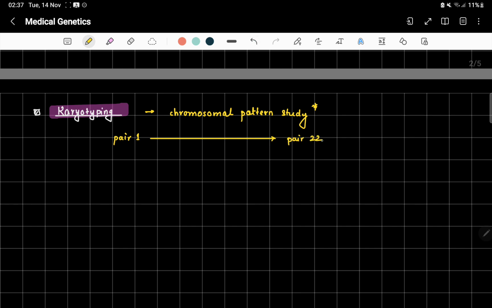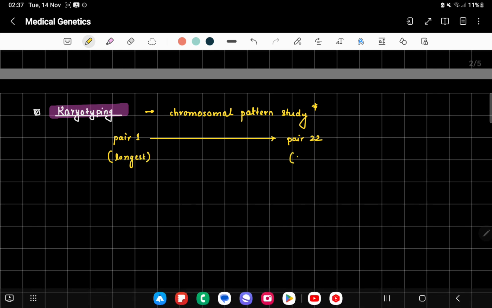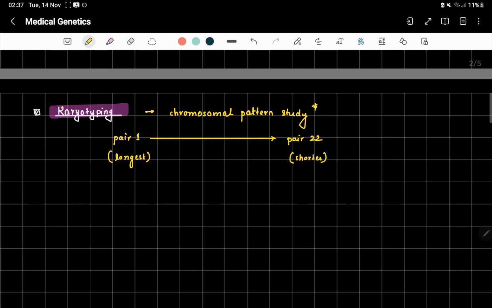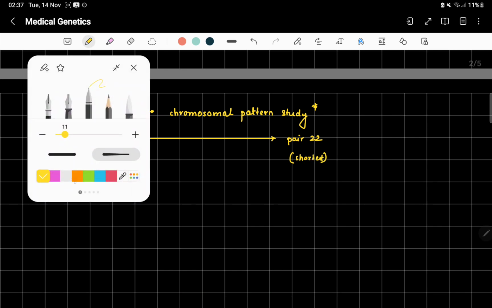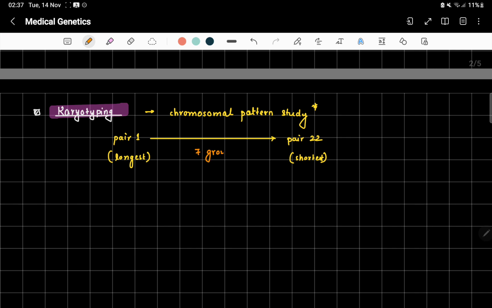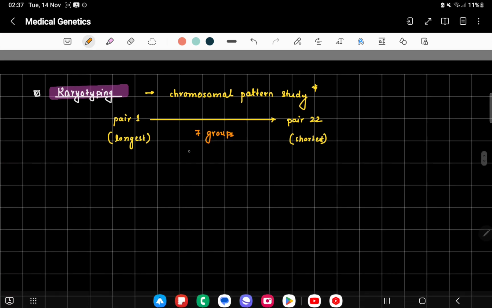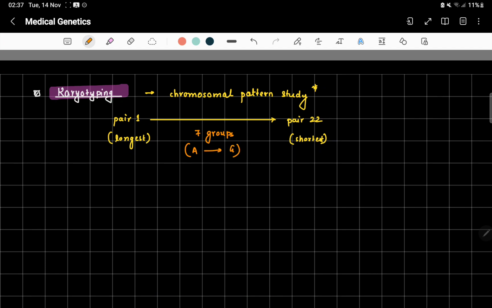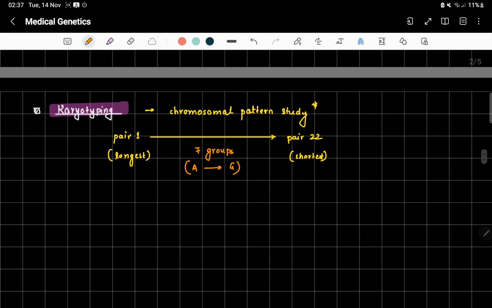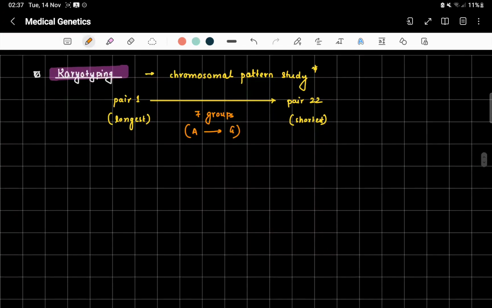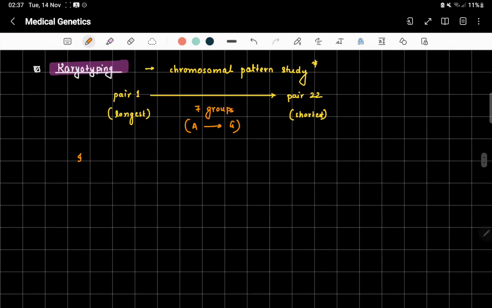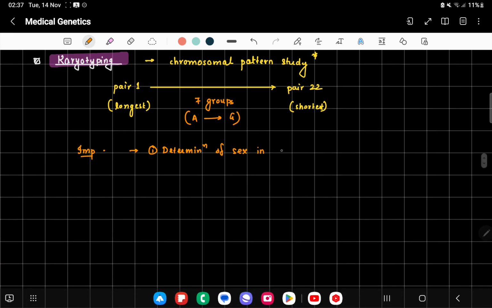Pair 1 is the longest and pair 22 is the shortest, and they are arranged in 7 groups, denoted from A to G. Karyotyping is important in determination of sex in ambiguity.